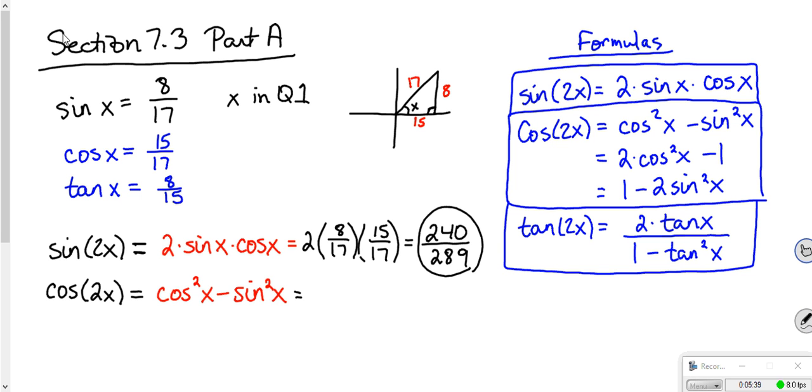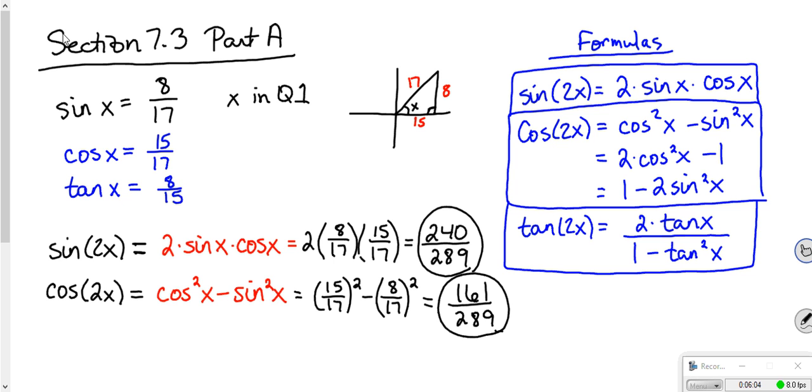That gave me 15/17 squared minus 8/17 squared. Again, poke that in a calculator and I end up with 161 over 289.